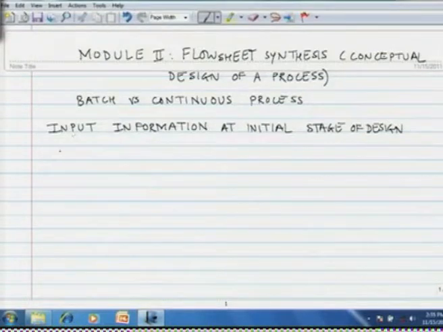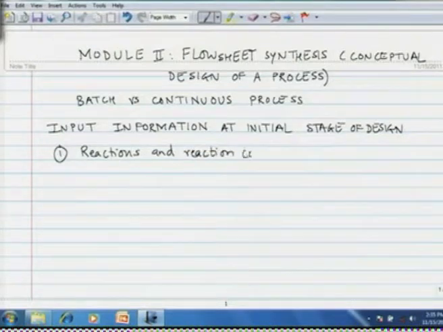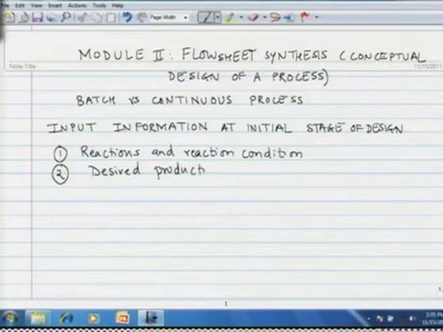The first information is that we should know the chemistry of the process, that is the reactions and reaction conditions. Then the next information that we need is the desired production rate. The third information is desired product purity.